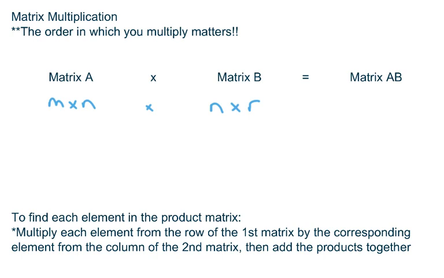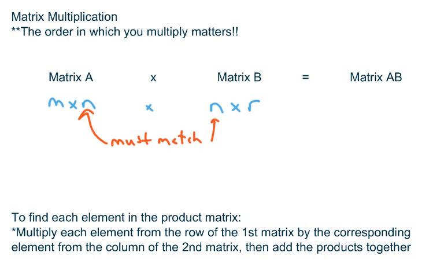Now, when we're multiplying matrices, these have to be the same. The inner two numbers must match. So this number and this number have to be the same. If they do not, then you cannot multiply them. Then your answer is just not possible, or the book might write impossible.